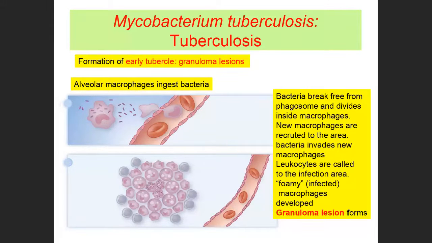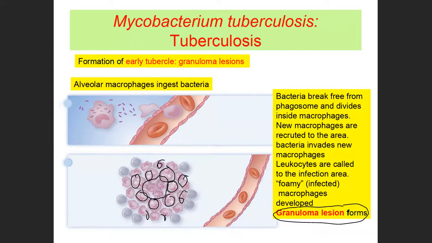What's going to happen initially is that we're going to have these macrophages infected with the organism, and other immune system cells begin to encircle the infected cells. That creates what's called a granuloma lesion, which can be seen in an X-ray.